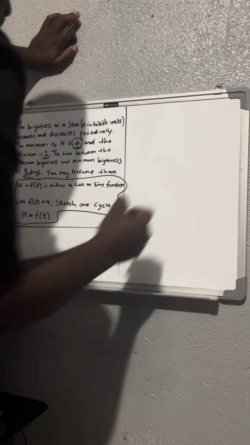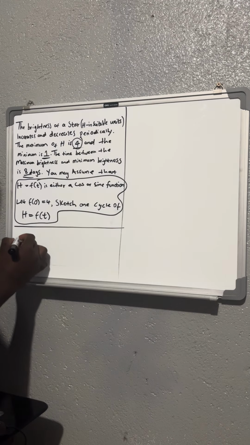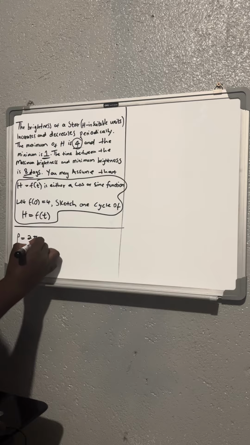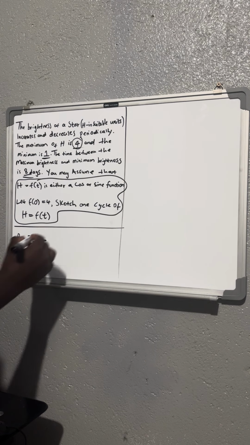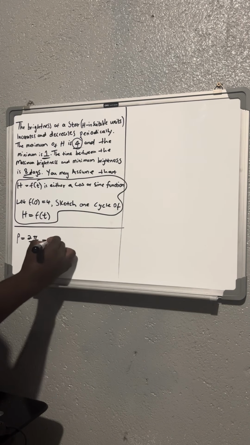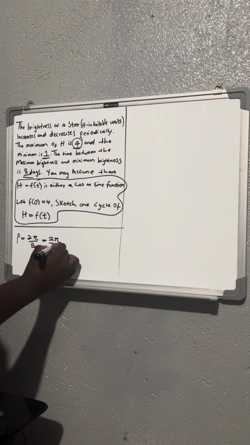Okay, let's not draw it first. We can start by doing some of the calculations first. Let's start by the period. We know that our period is given as 2 pi over b. Then b is our period, so we have 2 pi over our period. We said it's going to be 16.